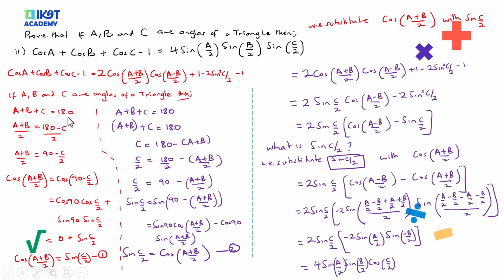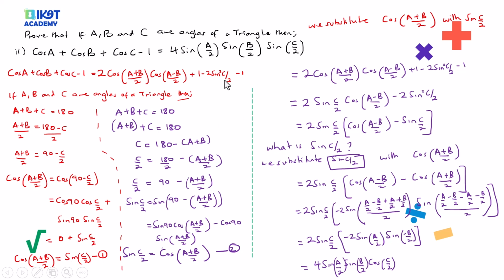I bring C this side, but this time I divide through by 2, because when I look at this I have A plus B out of 2. That's why I told you to look at what you want to substitute for. Then the cos of this is equal to the sine of this, you apply the compound angle formula here. So you get cos A plus B out of 2 is equal to sine C out of 2.